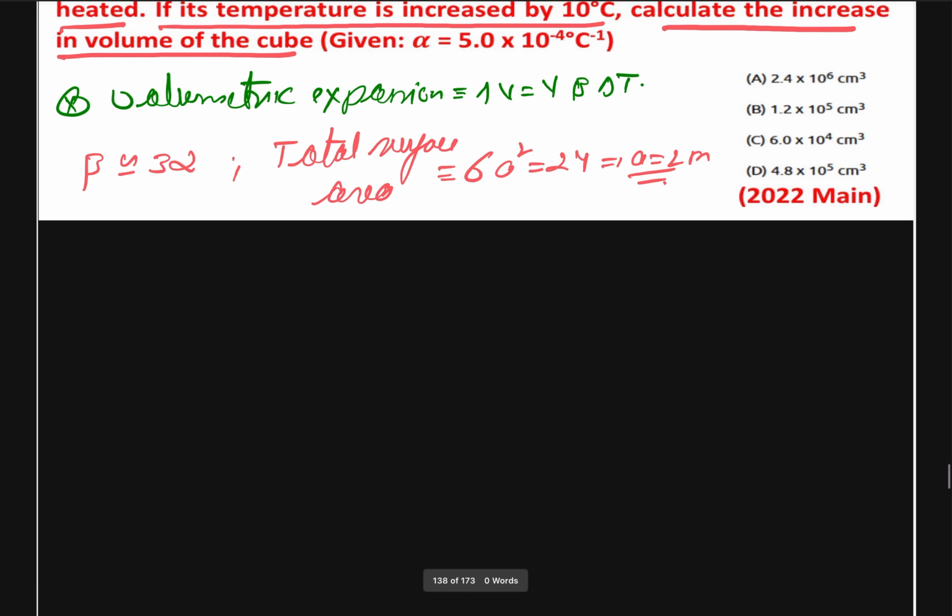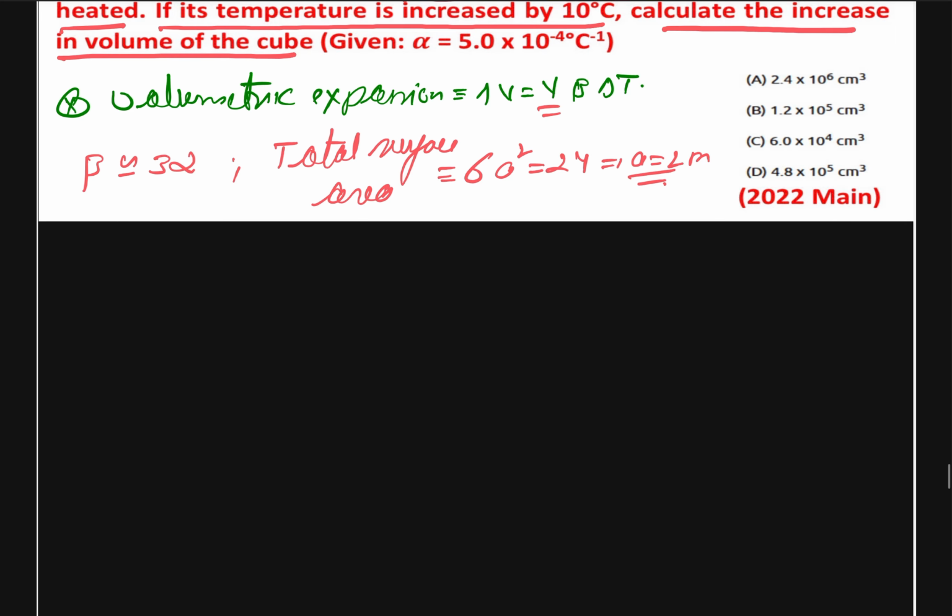Now we can find out the volume V. So we can say our volume V will be equal to a cube, giving us 2 cube, that is 8 meter cube. Answer is in centimeter. So this comes as 8 into 10 to the power 6 centimeter cube.